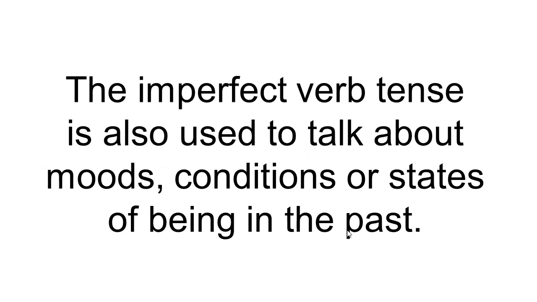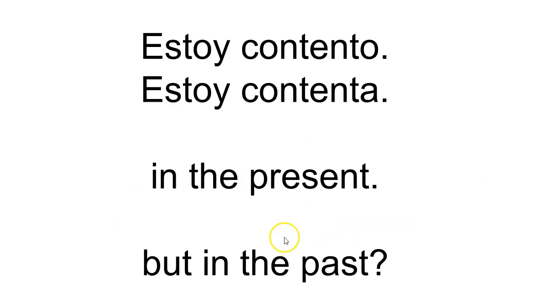The other use of the imperfect is to talk about moods, conditions, or states of being in the past. Think about how you talk about how you feel at the particular moment. For example, if you want to say, I'm tired, estoy cansado or cansada. I'm angry, estoy enojado or enojada. When you talk about that mood or that condition or that state of being in the past, we have to use the imperfect.